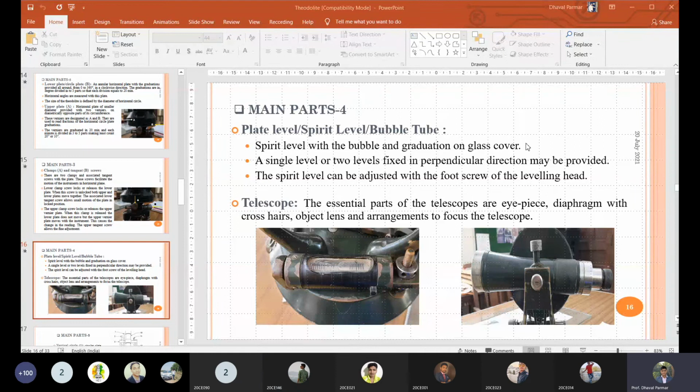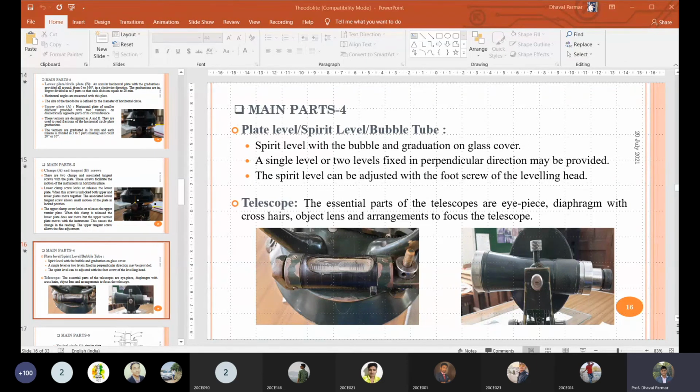When we perform the practical on the theodolite, I will show you each and every part on video, and also the working of each part: how we fix the upper plate, how we lock and unlock the upper plate using the clamping screw and tangent screw, how the telescope works, how we fix the telescope and how we rotate it. All that, I will show you on video.